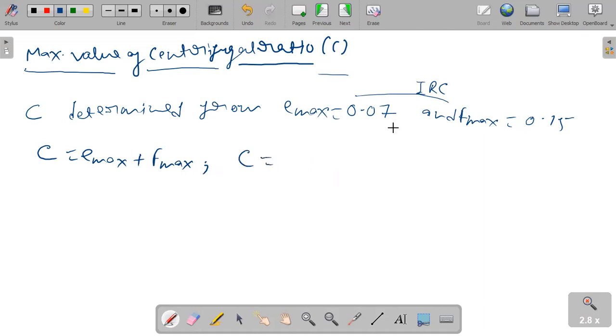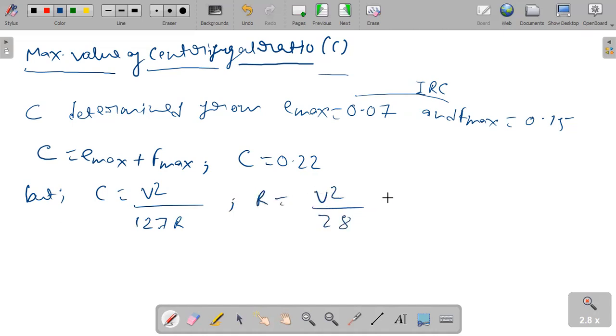So C is equal to 0.07 plus 0.15, which is 0.22. But we already know the centrifugal ratio is equal to V square upon 127 R. So we'll get R equal to V square by 28 approx. So this is all about centrifugal ratio.